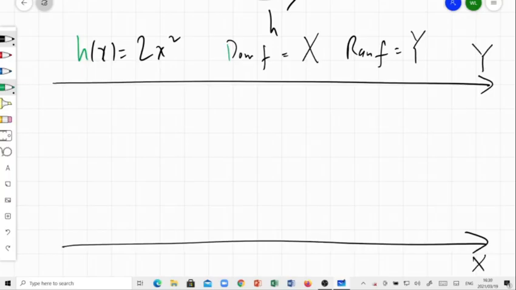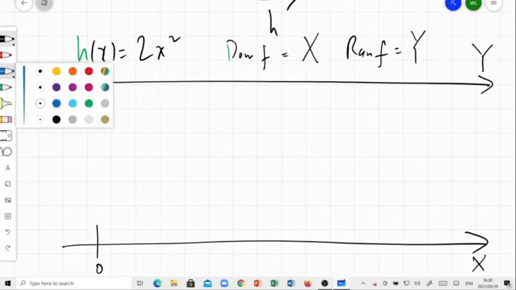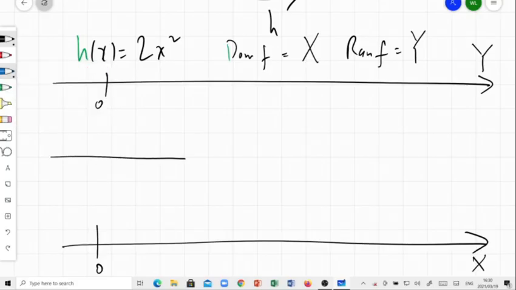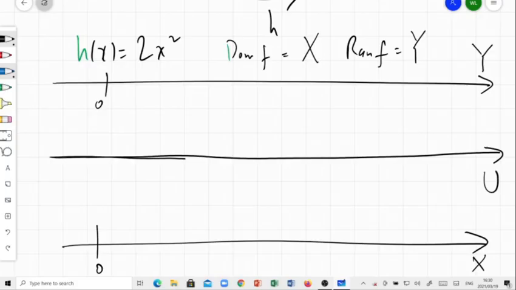So here we have these two lines running parallel to each other. So I put my y-axis parallel to my x-axis. That's a mapping diagram. Now I'm going to introduce a third line here, and I'll call this my u-axis.